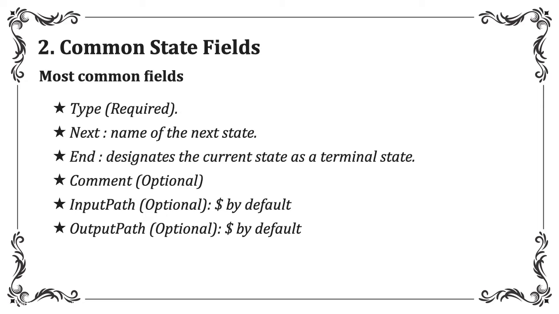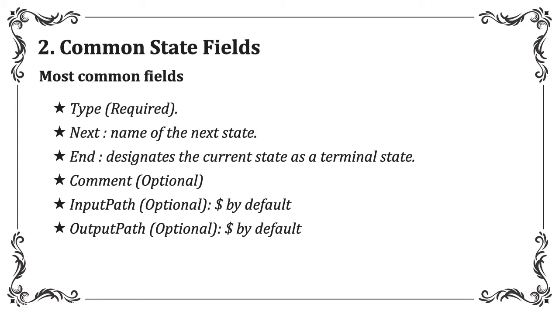And then we have the InputPath and the OutputPath. They are both optional as well, and these contain the path that selects a portion of the state's input or output to be passed to the state's task. The input would be passed to the state's task for processing, and if the input is omitted, it has the value $, which designates the entire input.